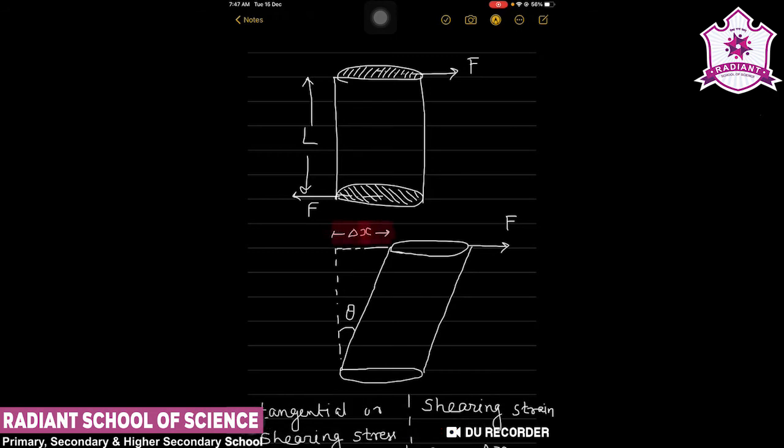Now we see how it works. The restoring force per unit area developed due to the applied tangential force is known as tangential or shearing stress. It is very important to understand that due to this external force F, the displacement of the substance is delta x, as shown in the figure.